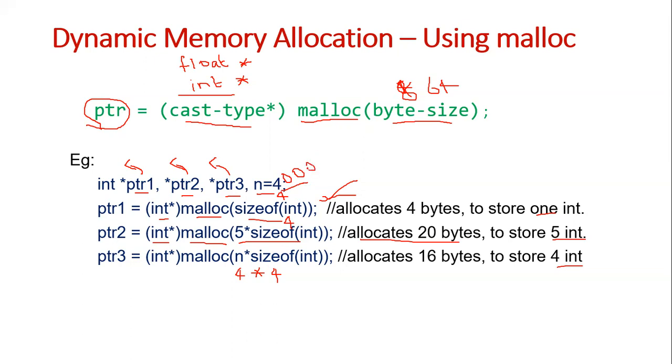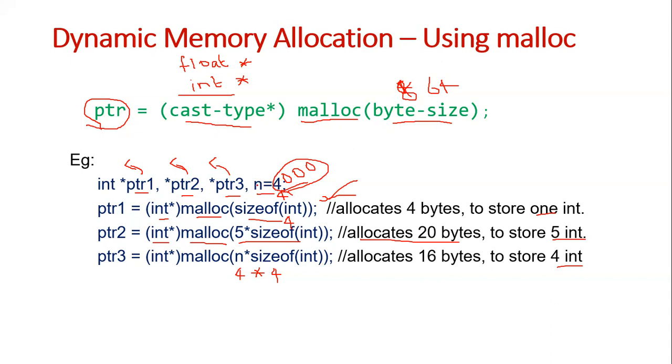If you give 4000, it will allocate 4000 into 4 bytes of memory, where you can store 4000 integers, right? But only if it is required, then you will change the value of n. So depending on the requirement, the n value can be assigned, and accordingly the memory can be allocated, so the memory will not go waste.